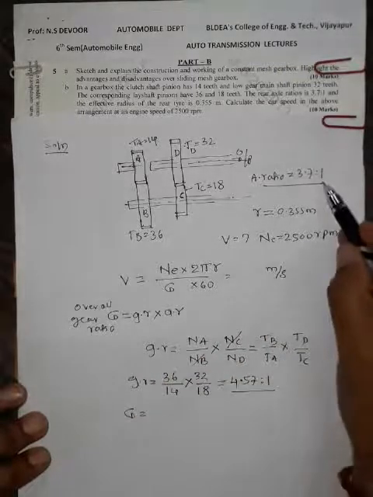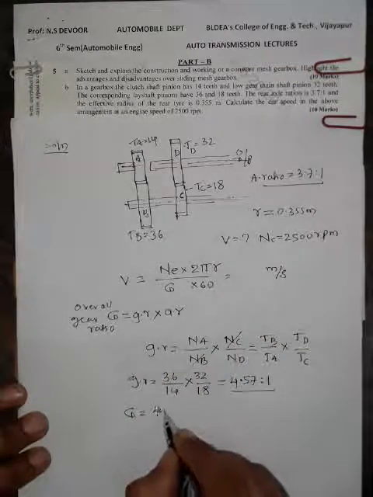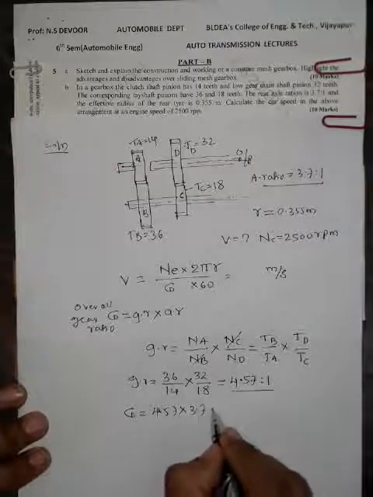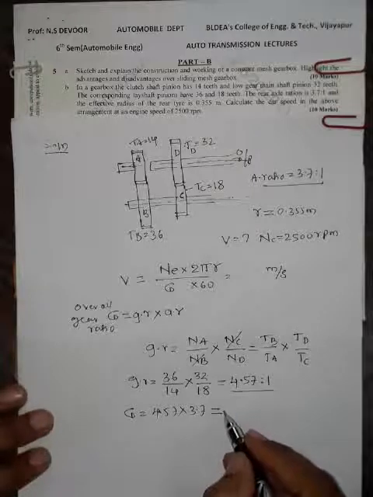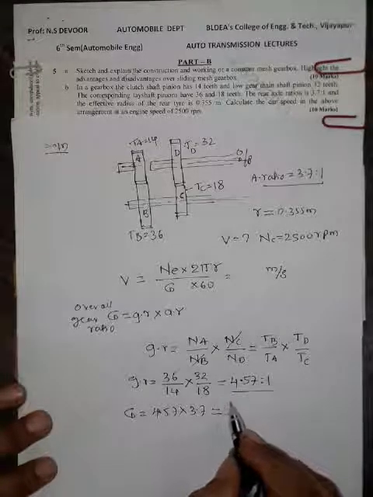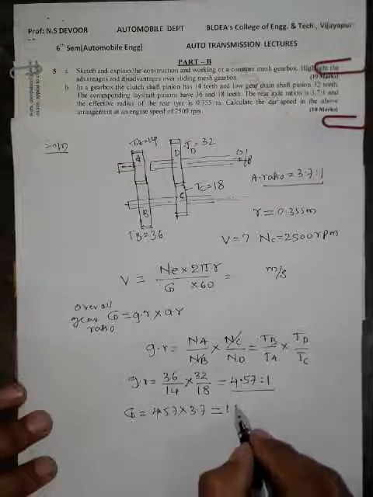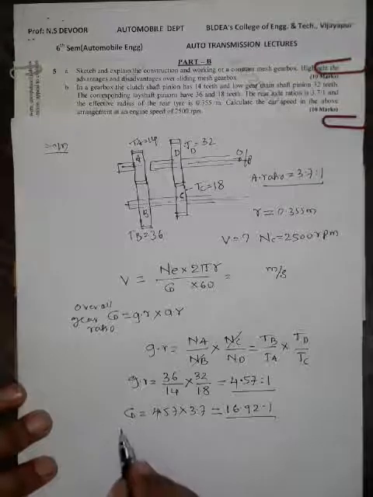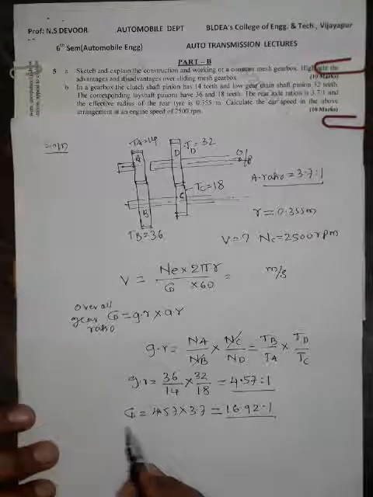The axle ratio is given here as 3.7. Therefore 4.57 into 3.7 is equal to the overall gear ratio, which is 16.92:1.